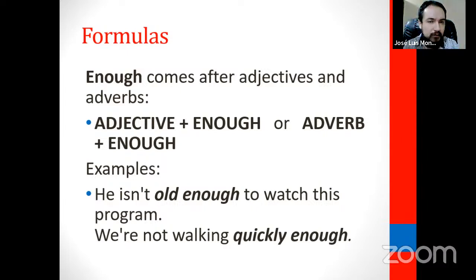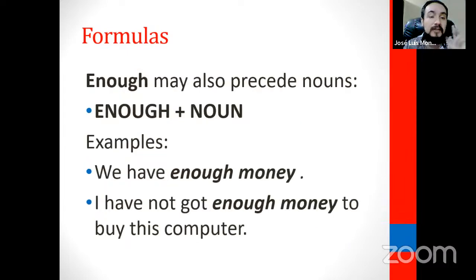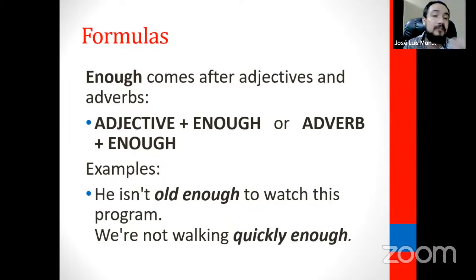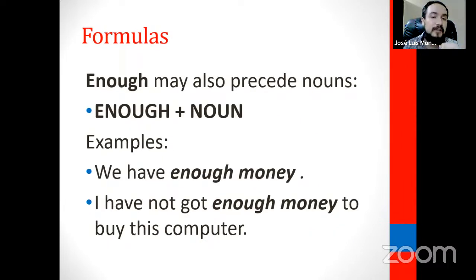I don't know if you have any questions up to this part because actually, we covered these two parts at the same time: adjective plus enough, and enough plus noun. And these also were examples that you gave me. So what do you say? Do you have any questions about enough? Let me know. No, it's more clear. Maybe I have to read the adverbs, examples, the adverbs or the adjectives to have more ideas.